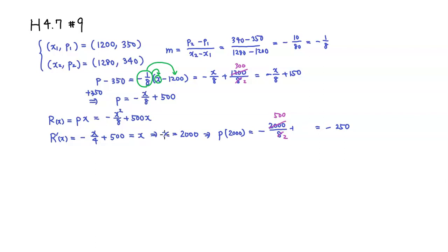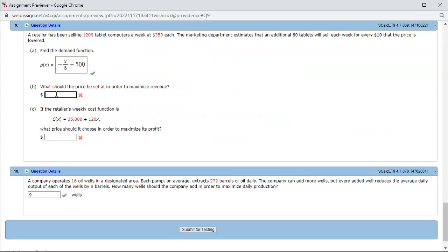It's not 150, it's 500. So you have to add 500 here, and negative 250 plus 500 is going to be 250. Right, so let's type it in. So we have 250 as the price to maximize the revenue. Let's check the answer. It came back, and it looks like we got part B correctly.